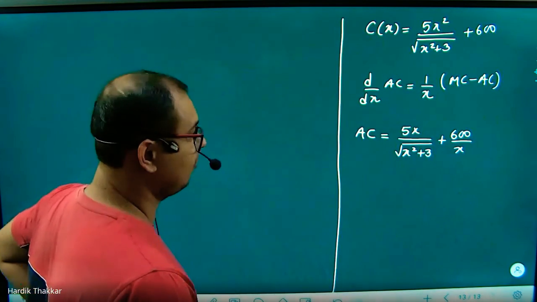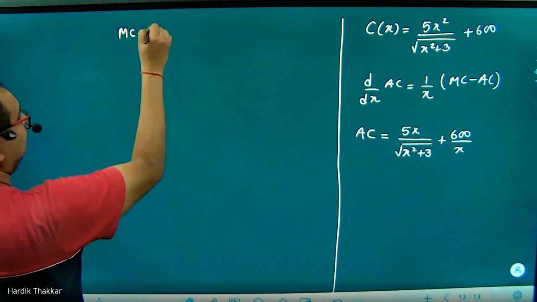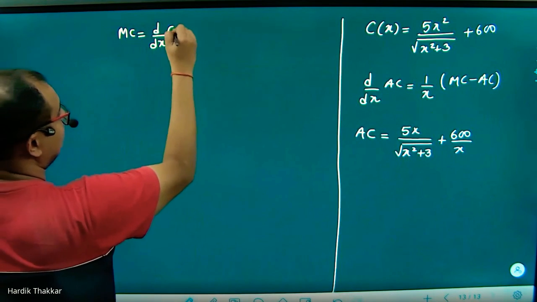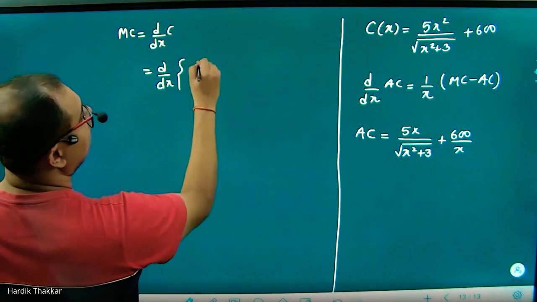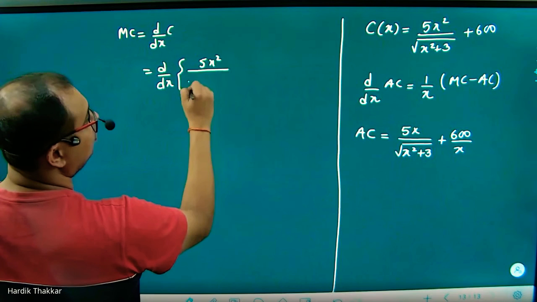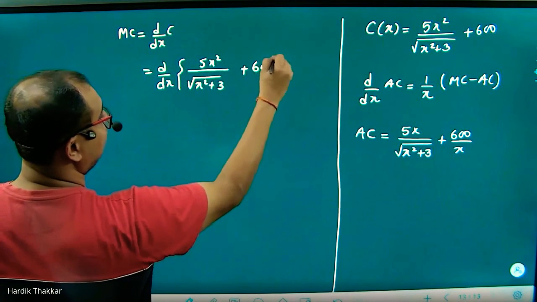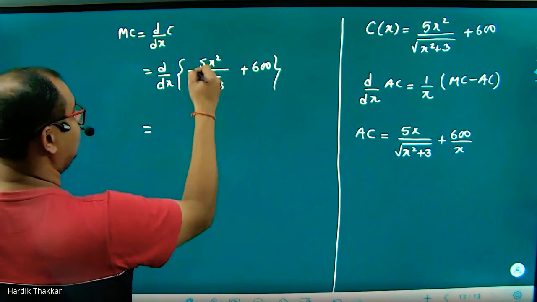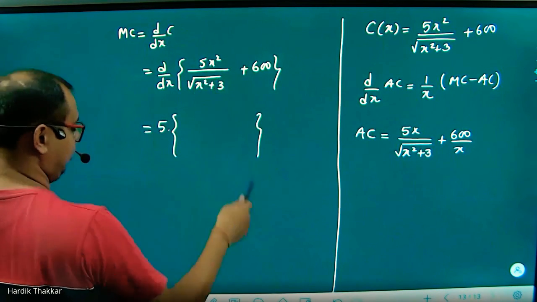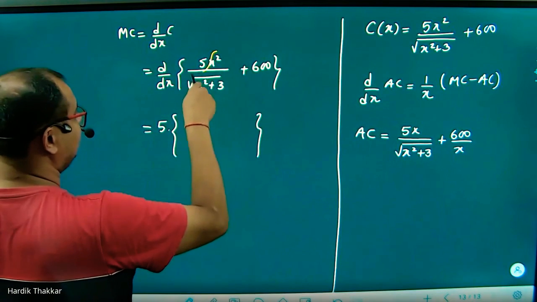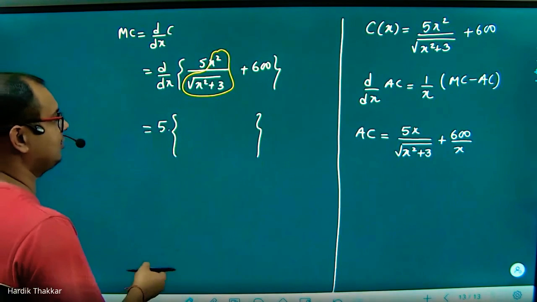Okay. Now we have to find MC also. So MC is d by dx of C. So it will be d by dx of 5x square upon root over x square plus 3 plus 600. Okay. So here it will be 5 and we will apply quotient rule in this part, okay? We have taken 5 outside the derivative since it is constant.